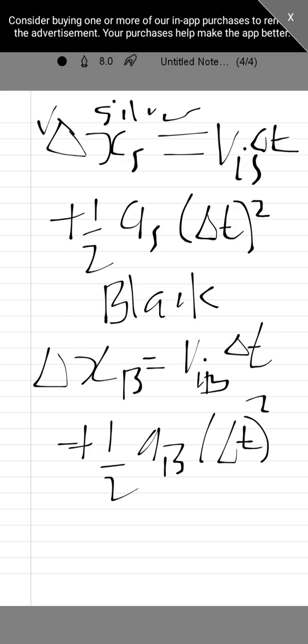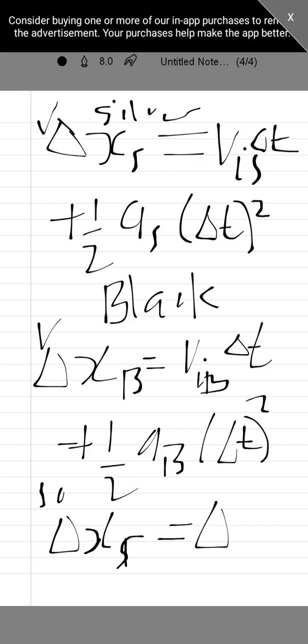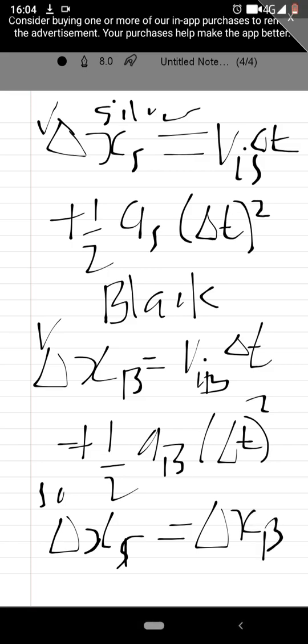So we have these two displacements, and what follows now is to equate them. Displacement of the silver rocket is equal to displacement of the black rocket.